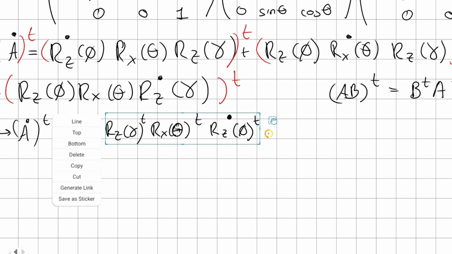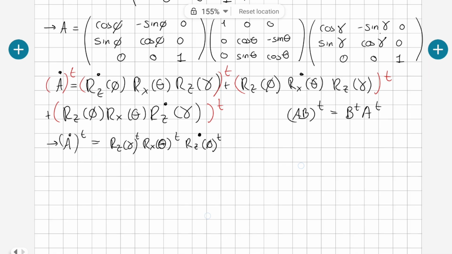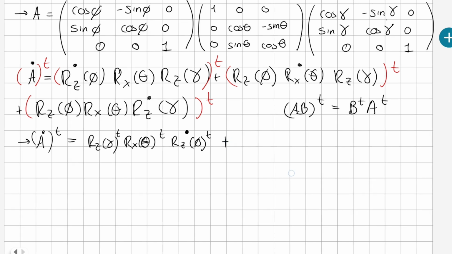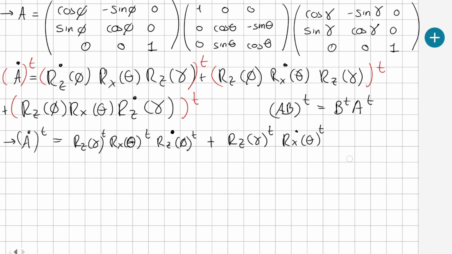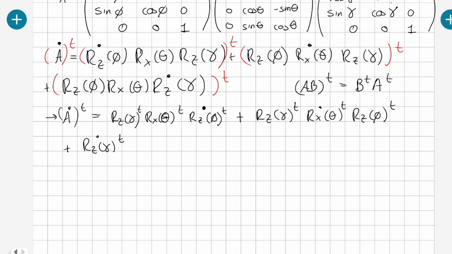After explaining this with the first term, we use the same rule for the second term. We get RZ gamma transpose, Rx theta dot transpose, and then RZ phi transpose. And for the last element, we get RZ phi dot transpose, Rx theta transpose, RZ phi transpose. Okay, perfect.